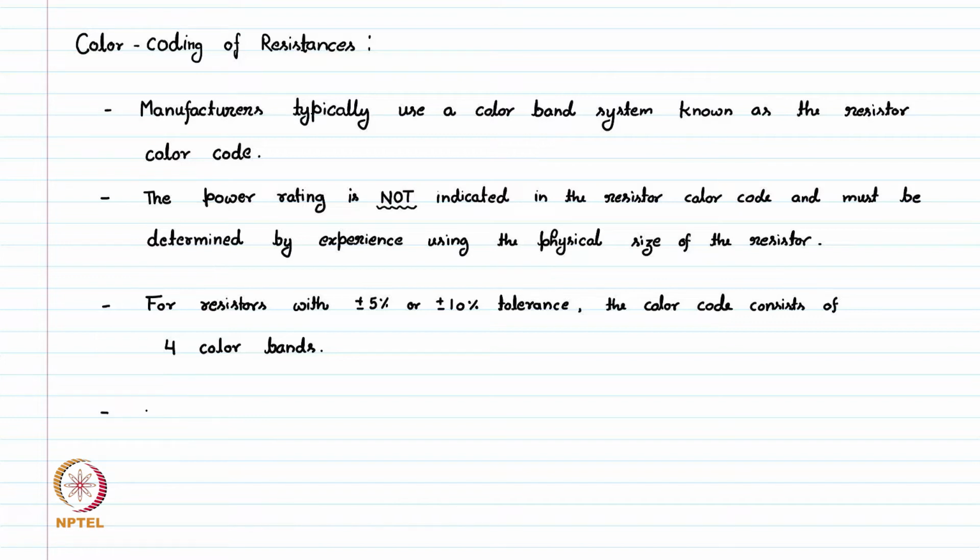And for resistors with 1% or plus or minus 2% tolerance, the color code consists of 5 color bands.